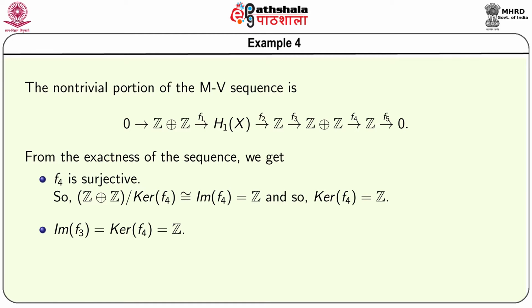Image of F3 is equal to kernel of F4 by exactness, and therefore, image of F3 is equal to Z. Again, by the first isomorphism theorem here, we get Z by kernel of F3 is isomorphic to image of F3, and that is Z, and that gives kernel of F3 is trivial.